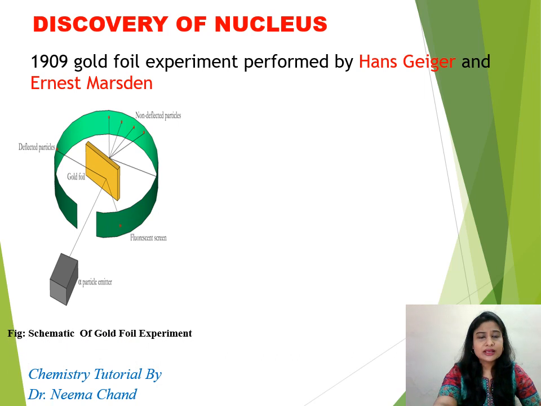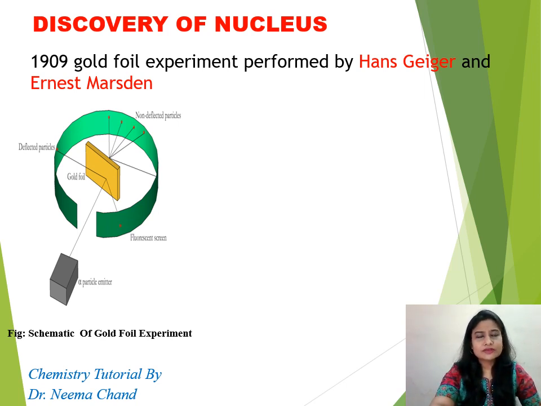He observed that most of the alpha particles could easily pass through the gold foil and they hit a screen of zinc sulfide that was placed beyond it. Also, a few of the alpha particles were seen to be deflected by small angles, and an even lesser portion of alpha particles was deflected by 180 degrees.